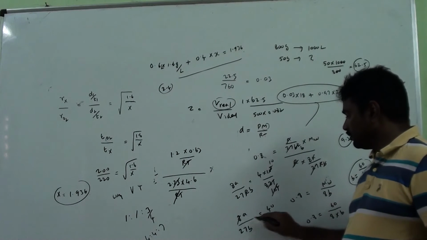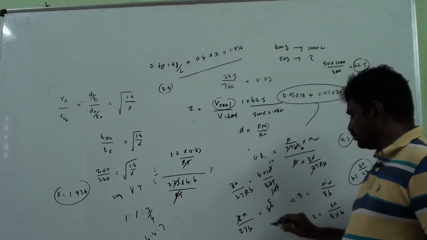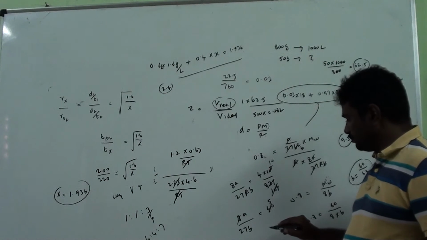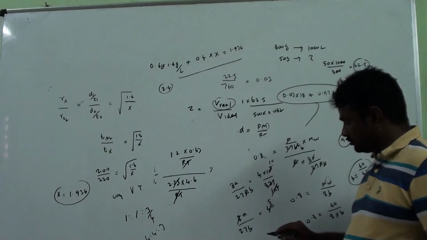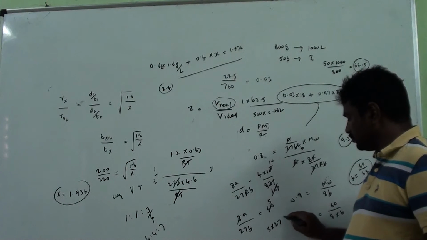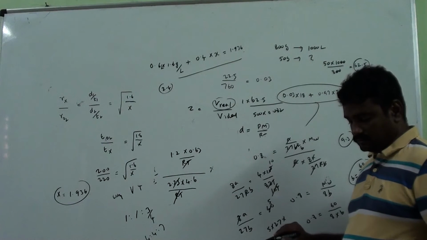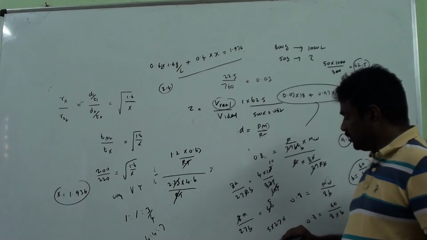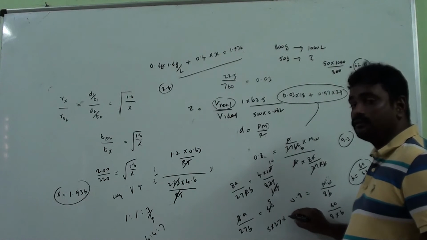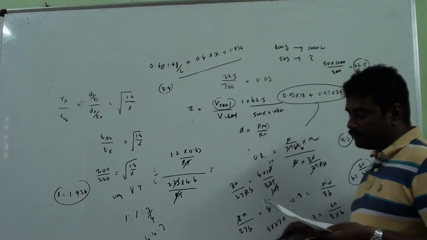So 8 என்பது இங்கே என்ன வந்தது? 5 வந்தது. So A equal to 5 into 27B, கரெக்டா? என்ன வருது? 5 into 27 into B, சொல்லுமா? B எவ்வளோ? 9. என்ன ஆன்சர் வருது? 1.265. அப்போ 1.265.